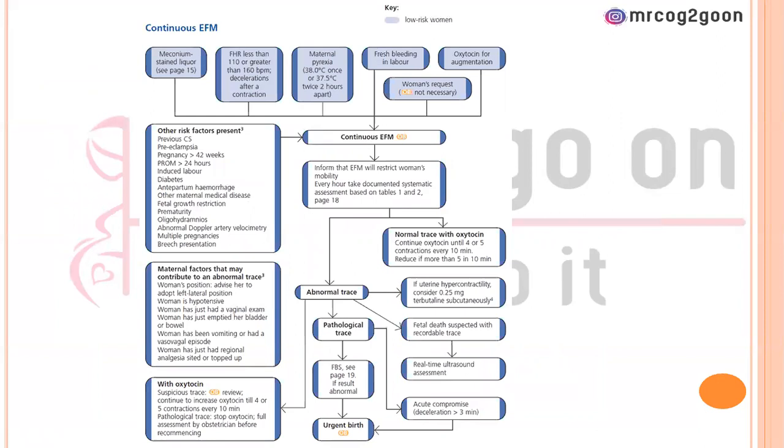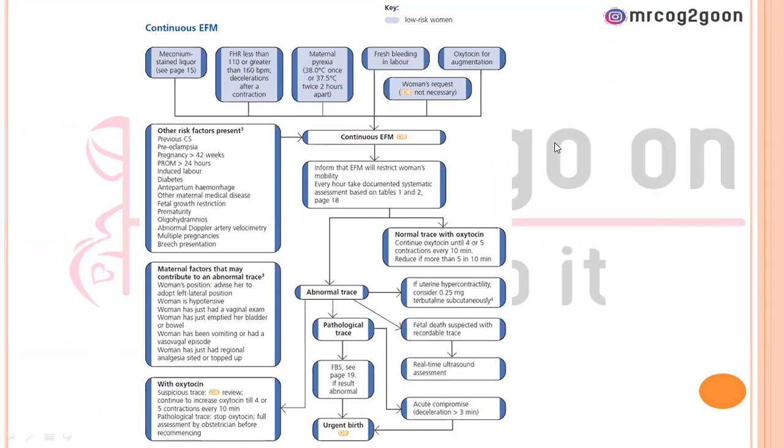Continuous electronic fetal monitoring, the same source I told you before: meconium stained liquor, fetal heart rate less than 110 or greater than 160, deceleration after contraction, maternal pyrexia, fresh bleeding, oxytocin, woman's request, and for other risk factors if present, and these are the risk factors.